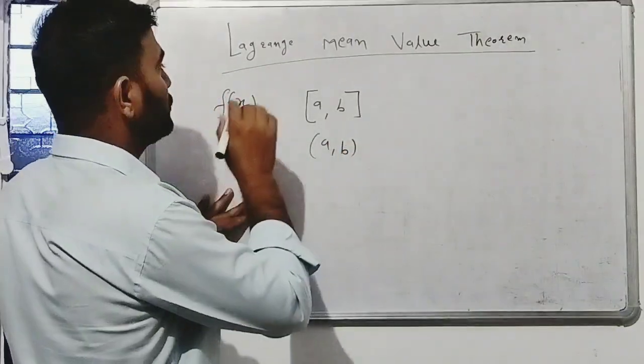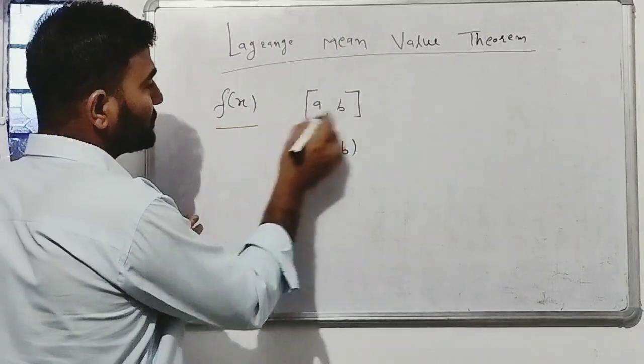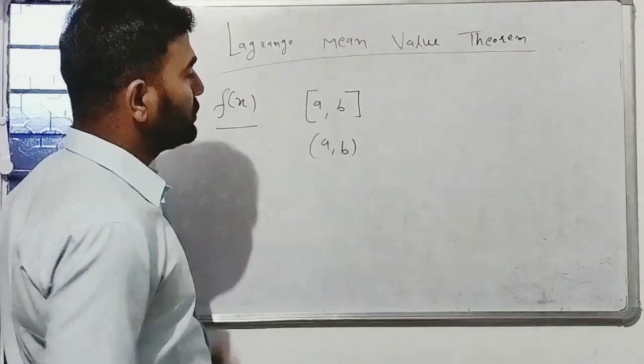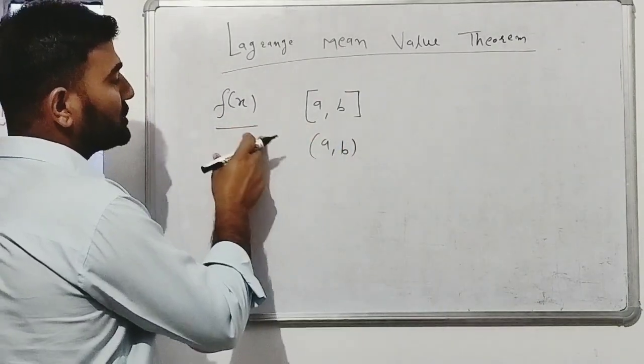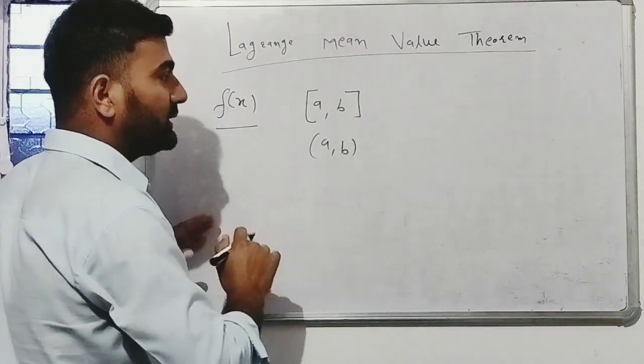So what is the condition to apply the Lagrange mean value theorem? The function f(x) should be continuous in the closed interval a to b and it should be differentiable in the open interval a to b.